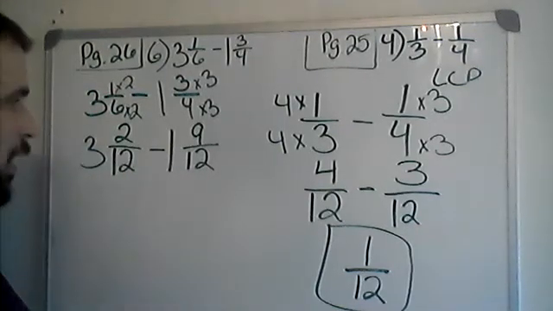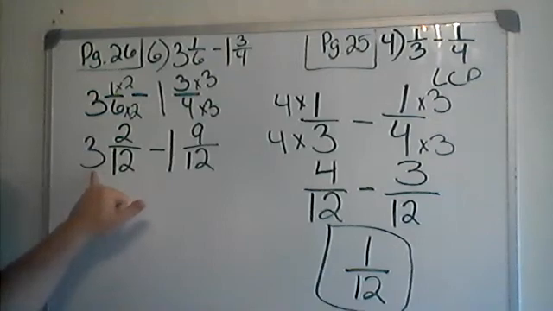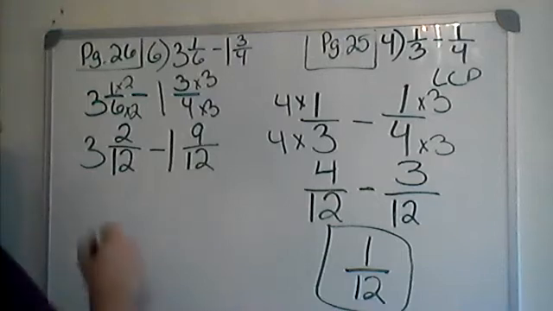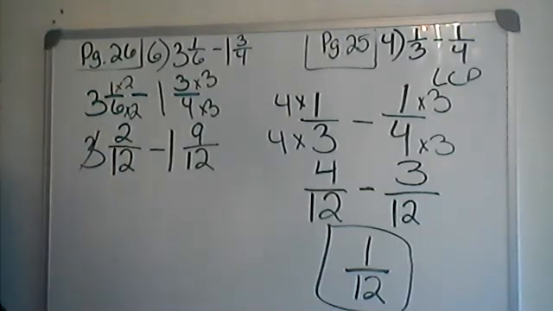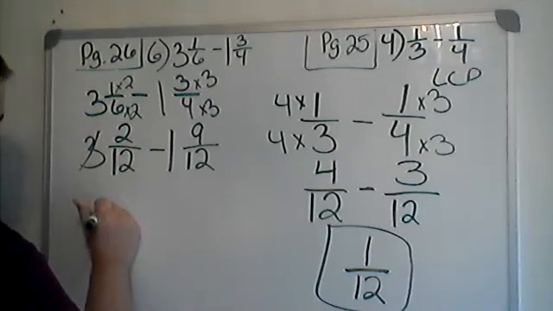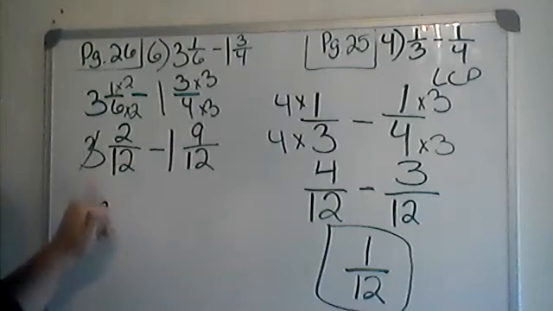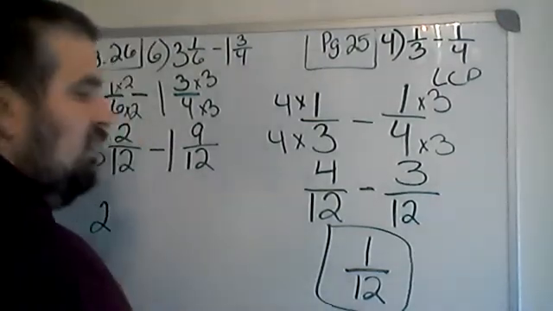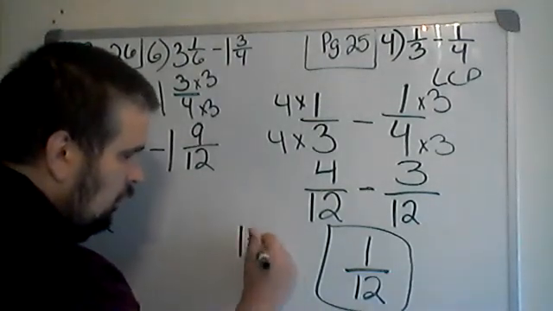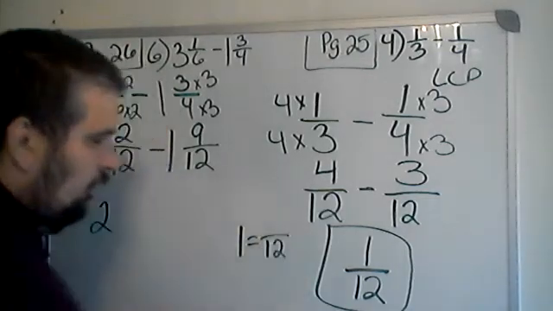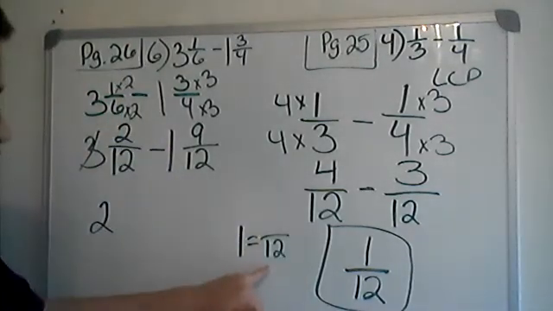Just like in regular subtraction, I need to go to my whole number and borrow from that 3. If I borrow 1 from that 3, what does that 3 go to? If I take 1 away from 3, it's going to go to 2. So I took 1 away. Now in this case, what fraction is going to equal 1? My denominator is 12.